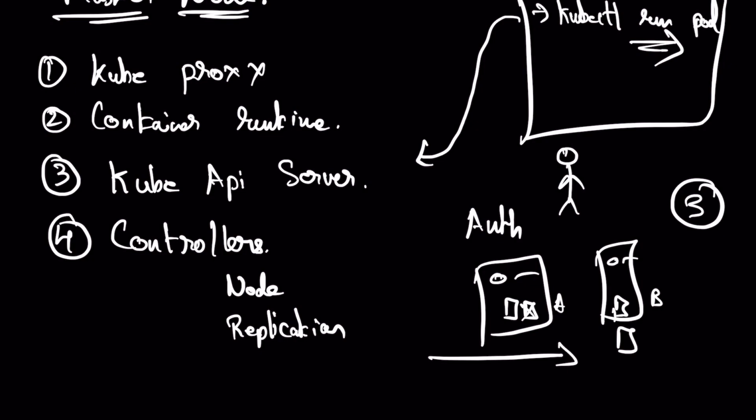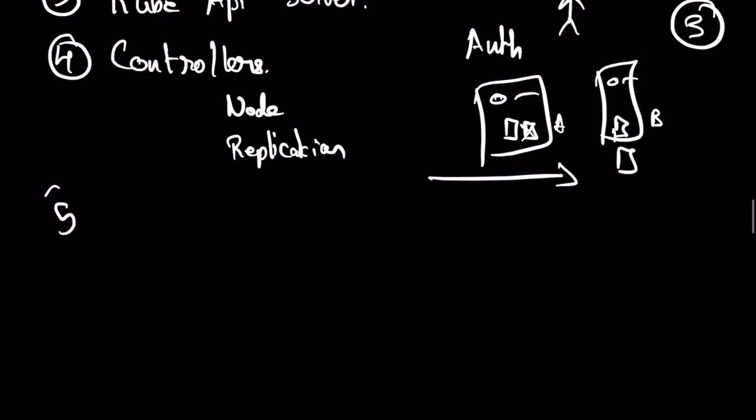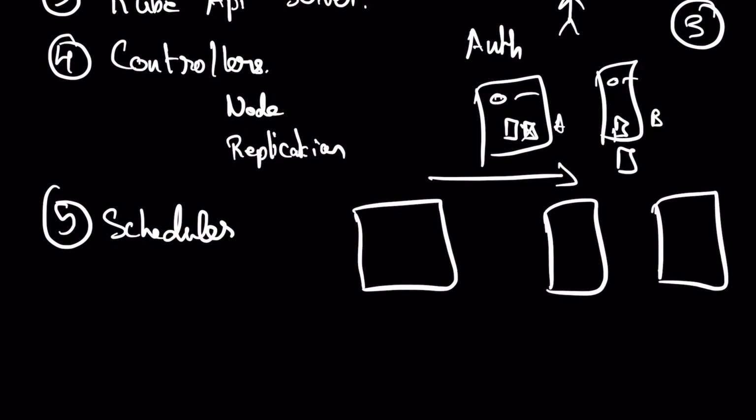Okay, and the next one we will be discussing is the scheduler. The scheduler is the one who decides where the pod would be scheduled. For example, we have node A, node B and node C. The scheduler decides whether a particular pod should be placed on node A, node B or node C. It checks the pod and determines the requirements, how much resource this pod needs, for example how much CPU, how much RAM.